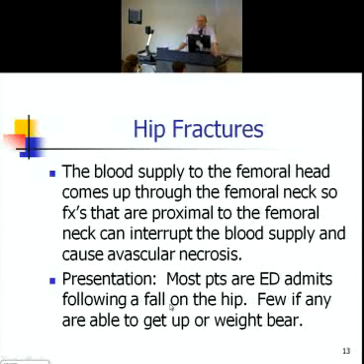The blood supply to the femoral head comes up through the femoral neck. So fractures that are proximal to the femoral neck can interrupt the blood supply, cause avascular necrosis. So sometimes these fractures, when we look at them, we just say, you know what, the risk of avascular necrosis and subsequent collapse of the femoral head is too great, and we're just going to do a hip replacement.